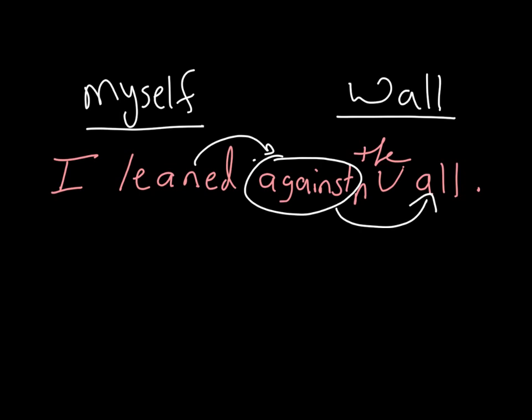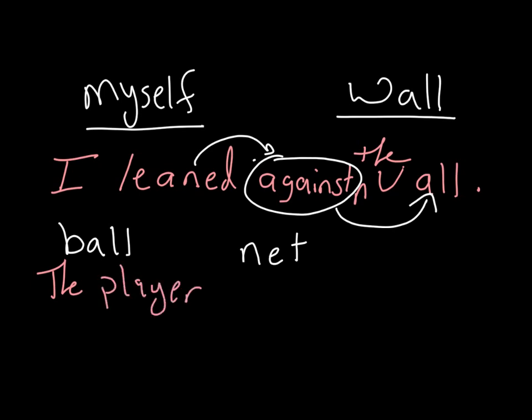So let's say again I want to show a relationship between a ball and the net. I will use it in a sentence that shows that in terms of the verb. So I would say the player spiked the ball.